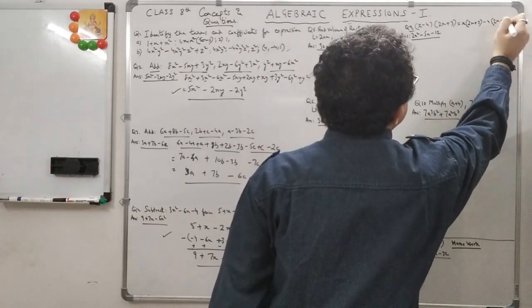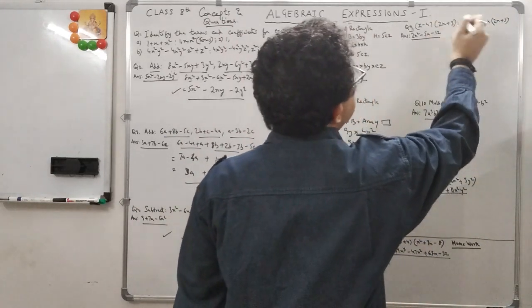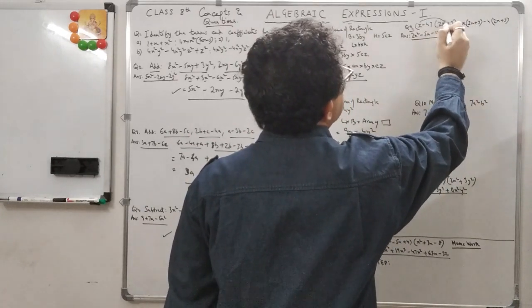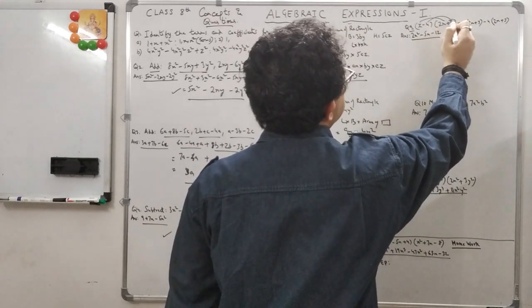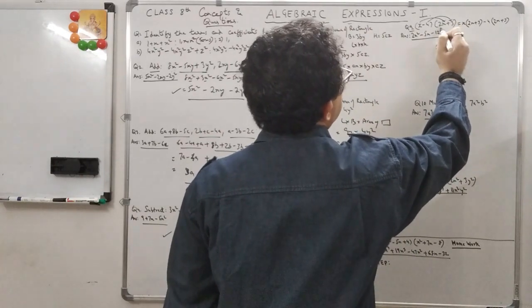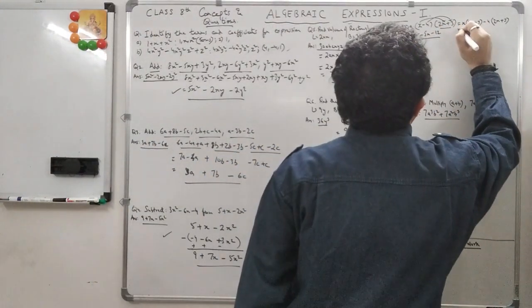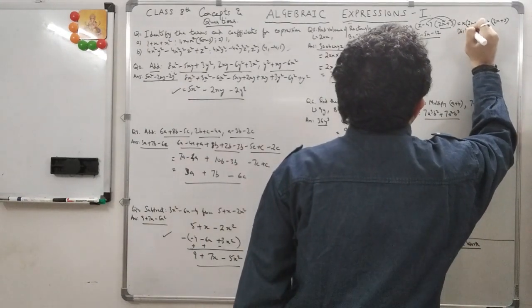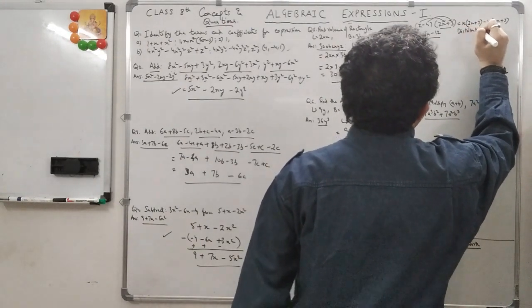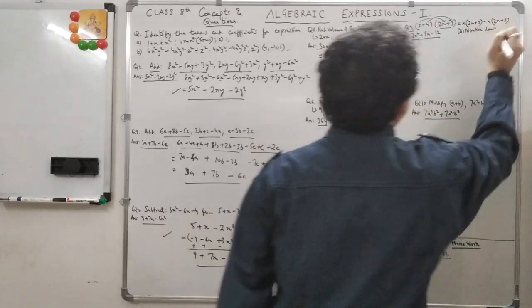This is the first term. This will be multiplied by this, and this will again be multiplied by this, all of this. This is the distributive law. You can write it if you want to. Usually in these questions we use this distributive law.